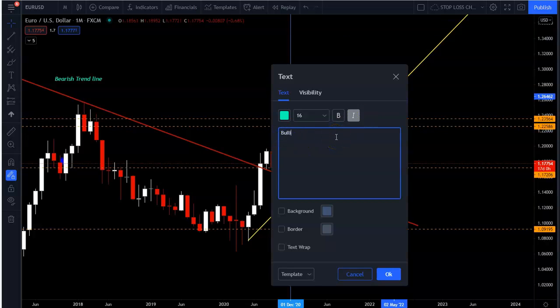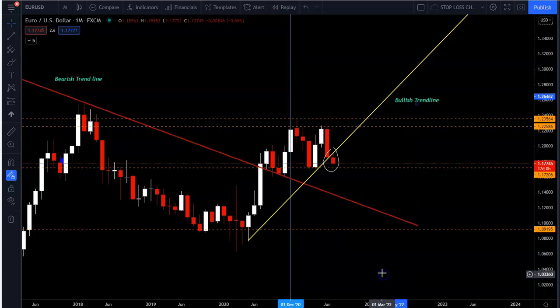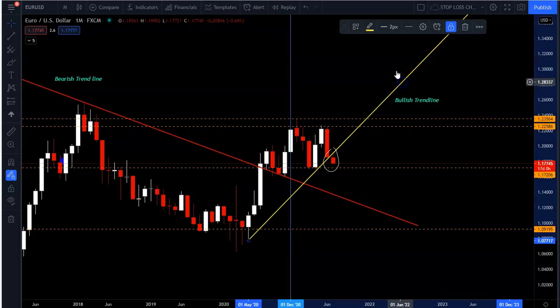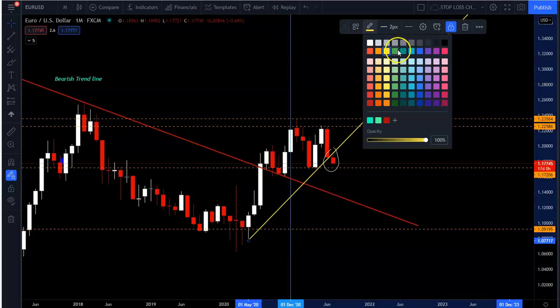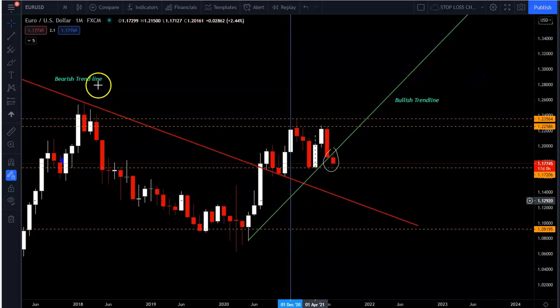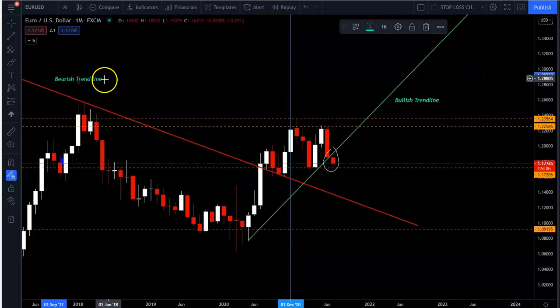It began moving bullishly. So we have that bullish trend line there, right? Let's change this color to green. All right, let's see here.